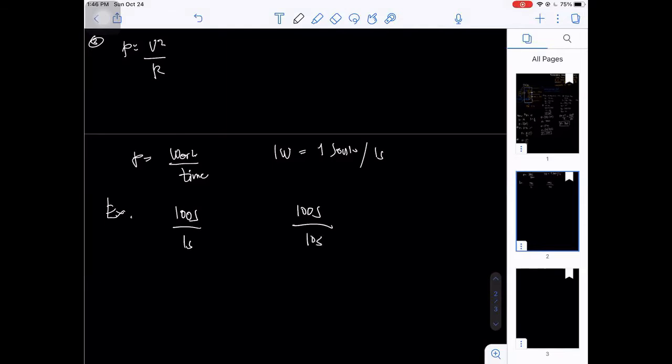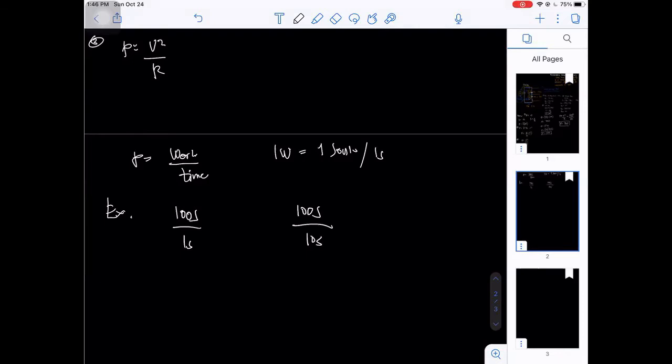Which system will perform faster? In this case, the first system performs faster than the other one, since it performs the work in 1 second.